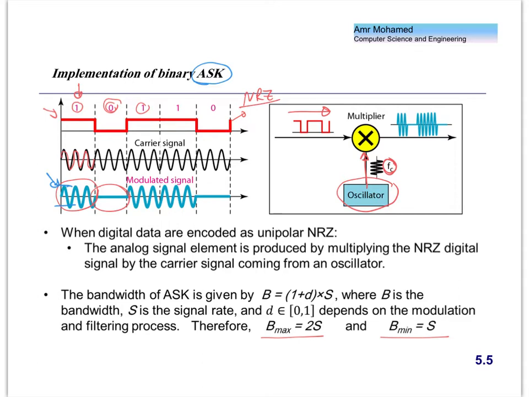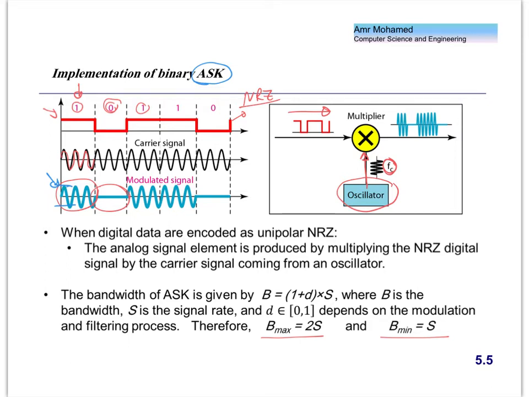So if we want to represent 2 bits, what will happen? We have to use the same sine wave with the same frequency, but with different peak amplitudes. So we're going to have 4 different peak amplitudes. If we want to represent 3 bits, we will have the same sine wave, but with 8 different amplitudes.